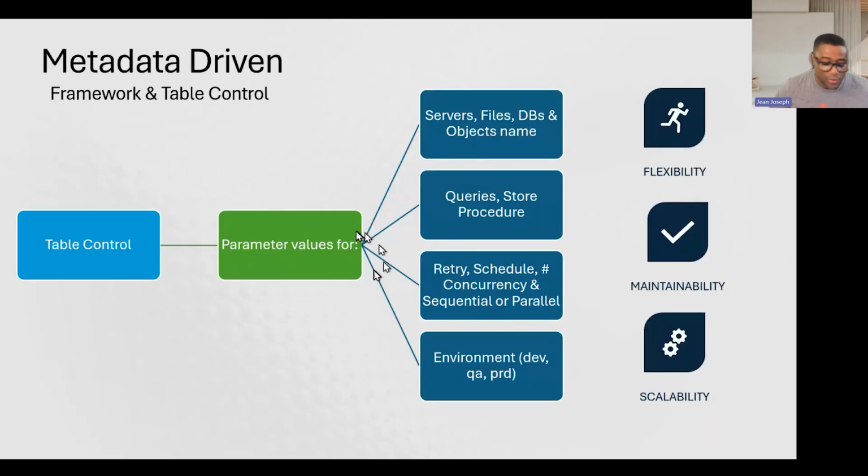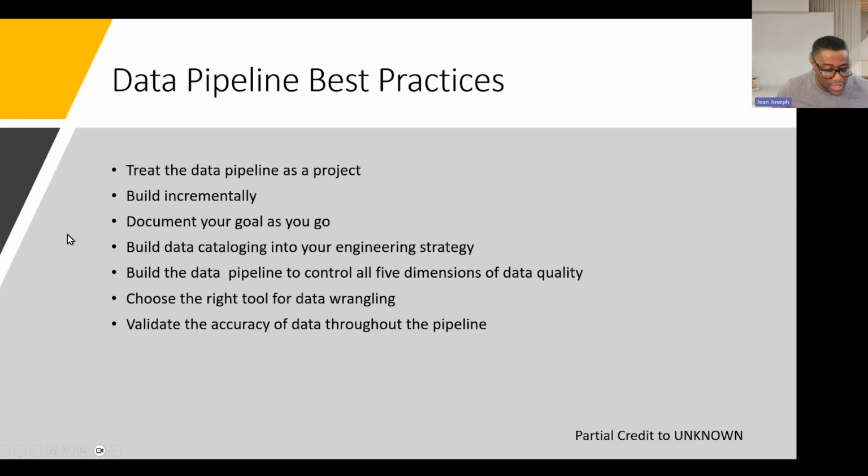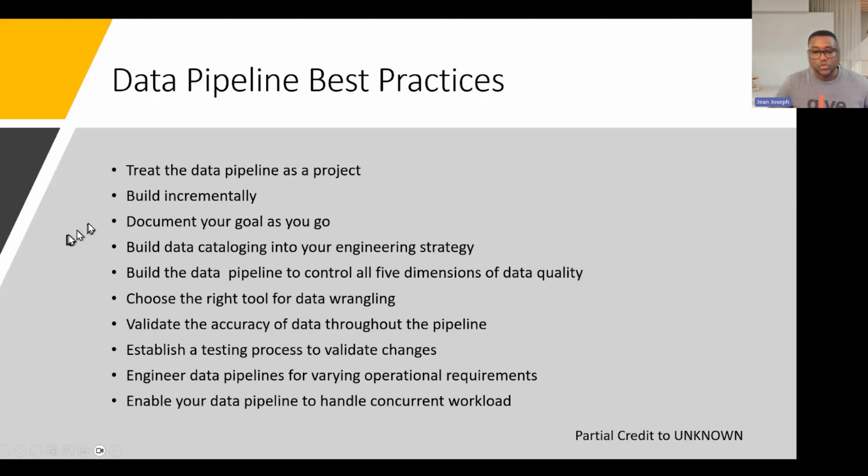So if we have to summarize, team, we have a lot that we can talk about. How can I quickly summarize this into one sentence? When building a data pipeline, it's crucial to treat it as a project, employing agile methodologies for iterative process and continuous feedback.